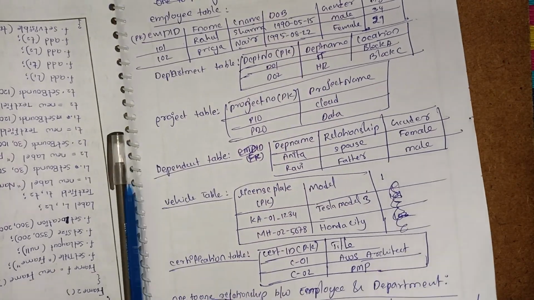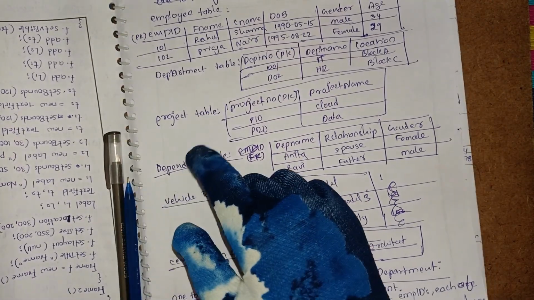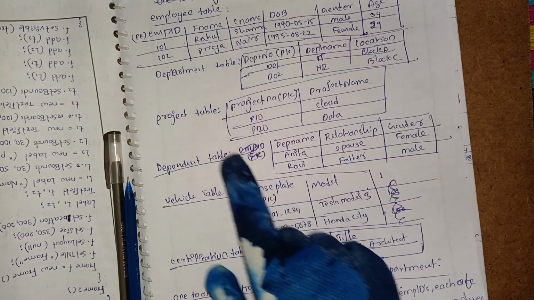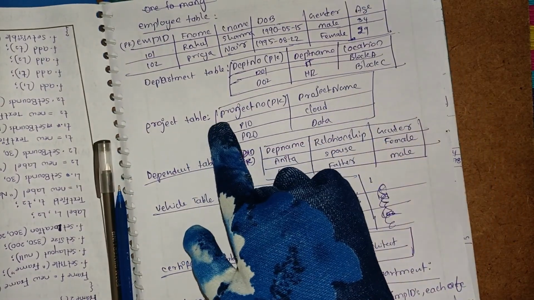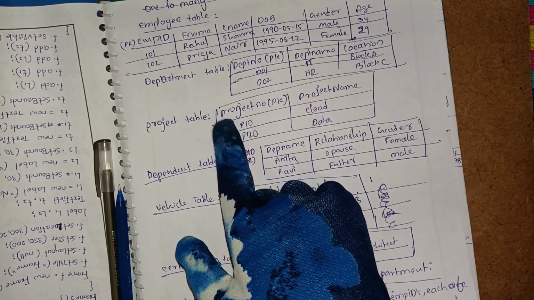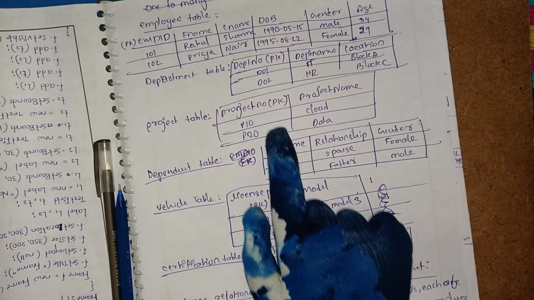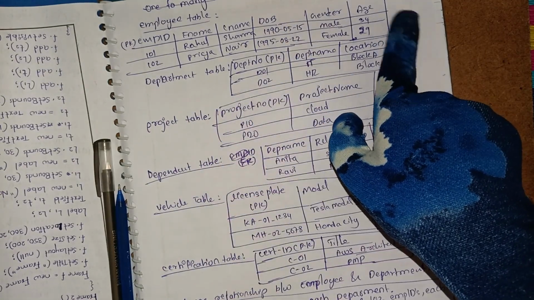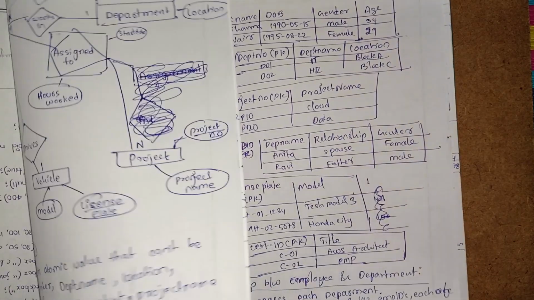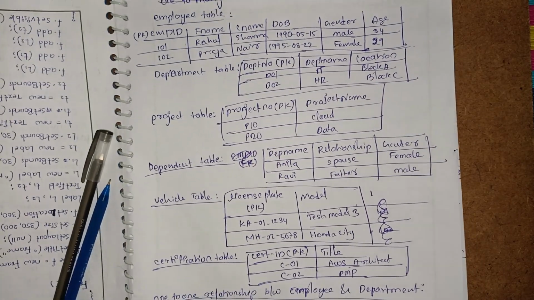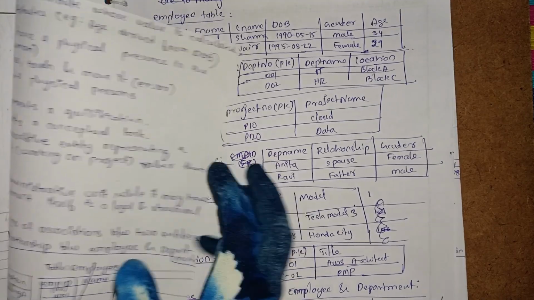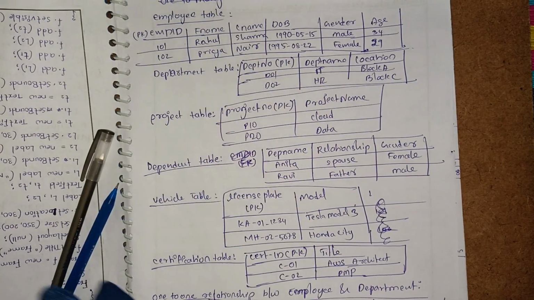How it happens: severe data redundancy in the employee table, and here is the project table. So if I put the project primary key as a foreign key in the employee table, then it's a many to many relationship.